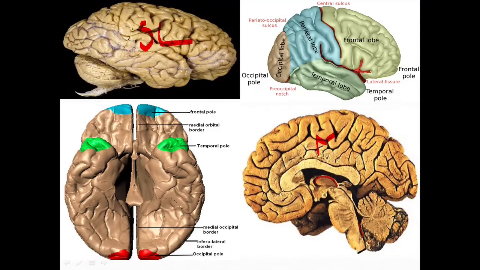This is on the medial side, so we'll study it under the medial surface. And this will be studied under the inferior surface. While studying the surfaces, we need to comment on the poles, borders, and their surfaces.